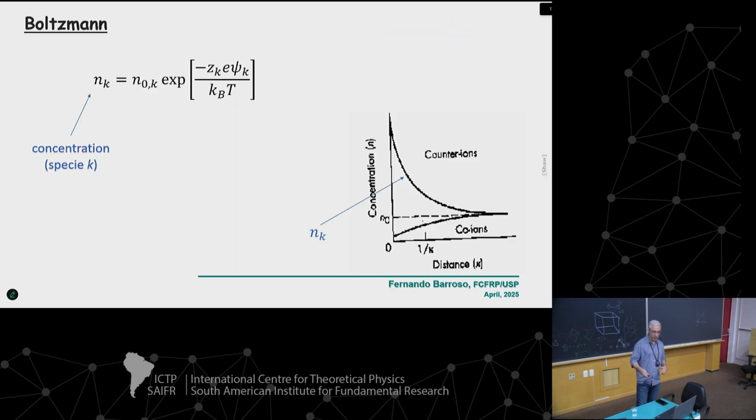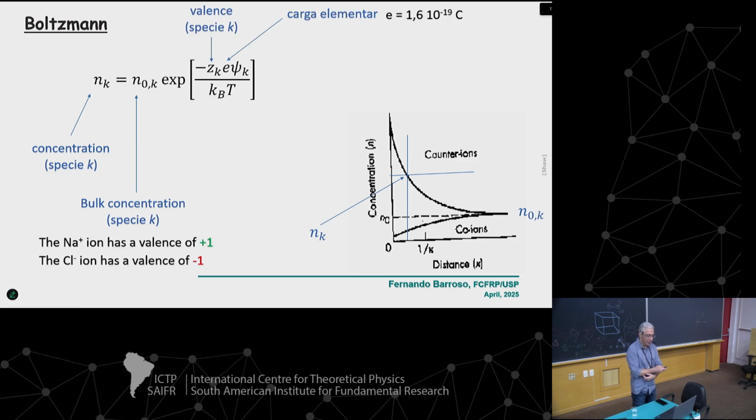We also have the Boltzmann distribution. So how is the distribution of charge as a function of separation distance? And you assume here that your particles are point particles and they don't interact with each other. So doing so, you have this exponential contribution here. But pay attention that there is a catch here.